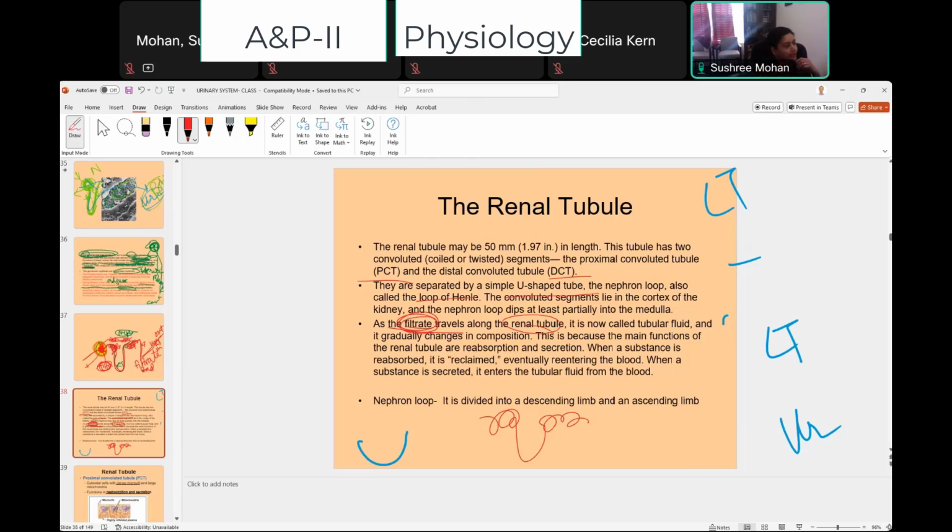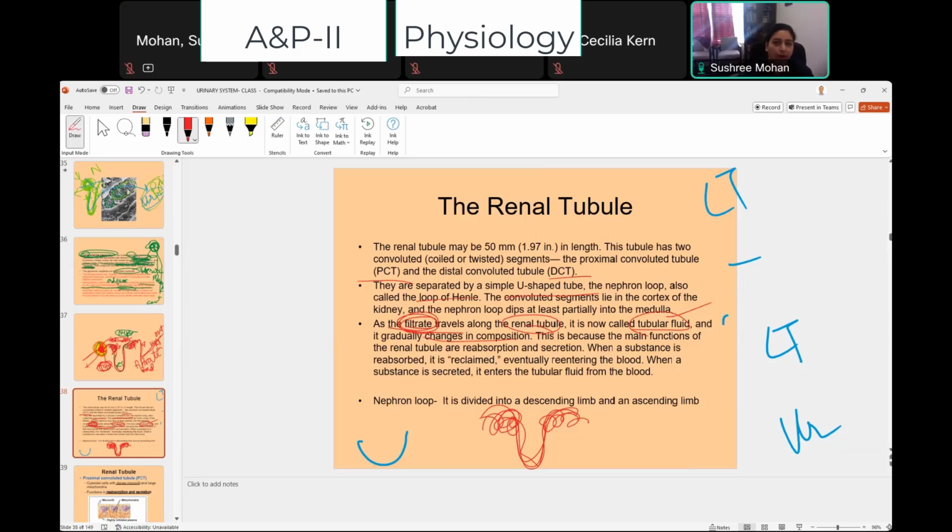Now we are going to give the filtrate a new identity. We are going to call it tubular fluid. Why? Because this is more like a tube. When this filtrate is traveling through the tube, we'll call it tubular fluid. It changes in composition because it's going to become more concentrated, because we only want the bad substances to be removed. We don't want the good substances to be removed.